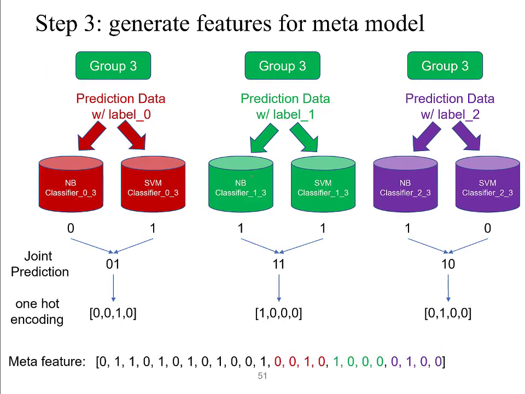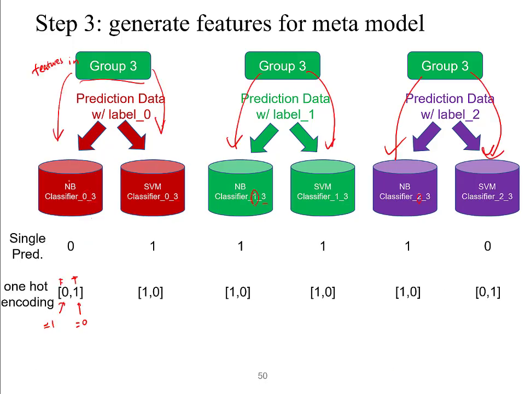And for the joint prediction meta features, as we said, we join the predictions from the same label system. There's no need to do the prediction again.